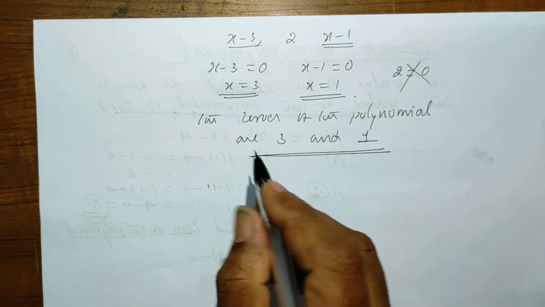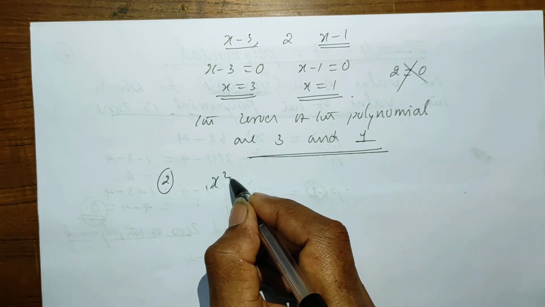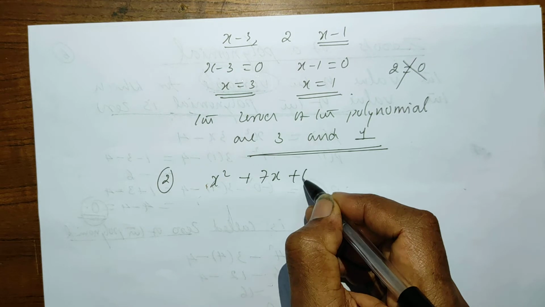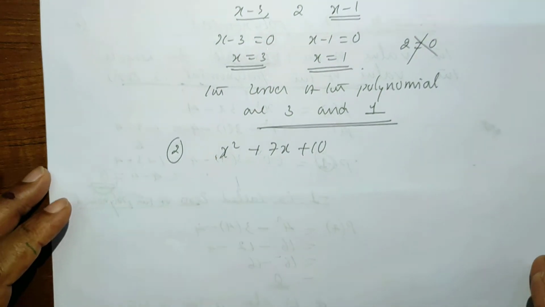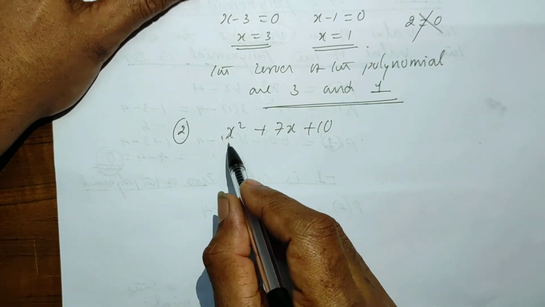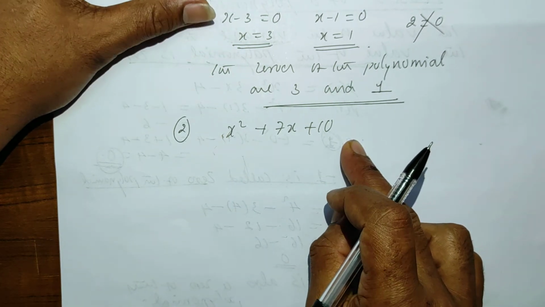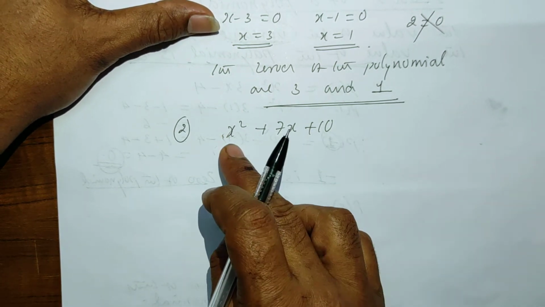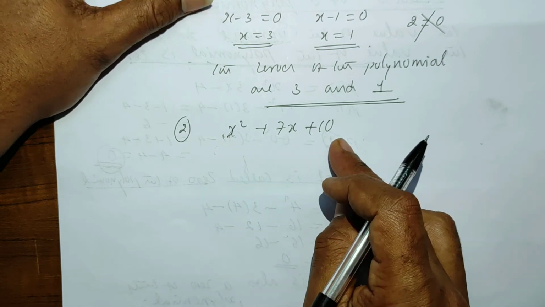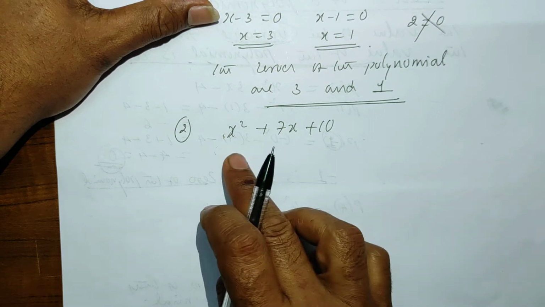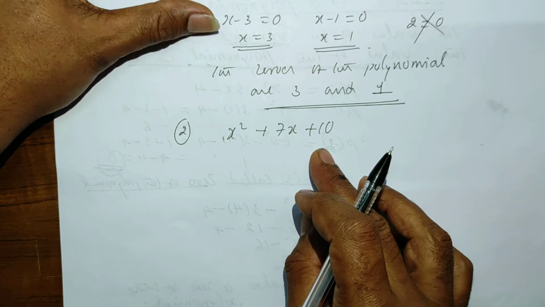The second one, x square plus 7x plus 10. See, what you have to do is, first it's a quadratic polynomial. It is in the standard form, ax square plus bx plus c. We can find the factors by splitting the middle term.